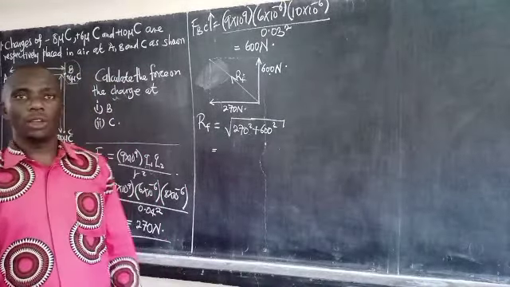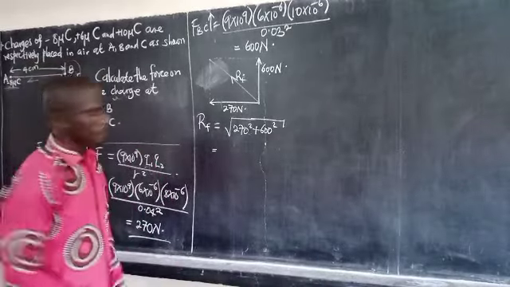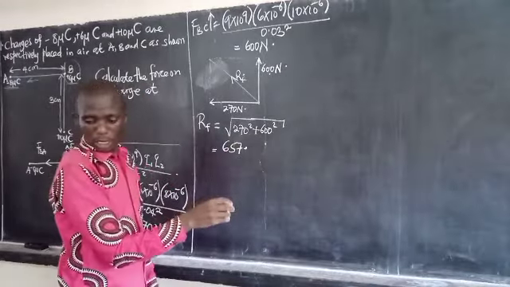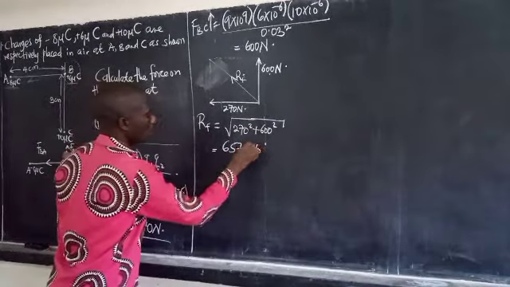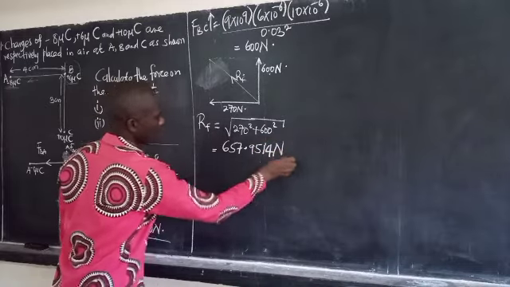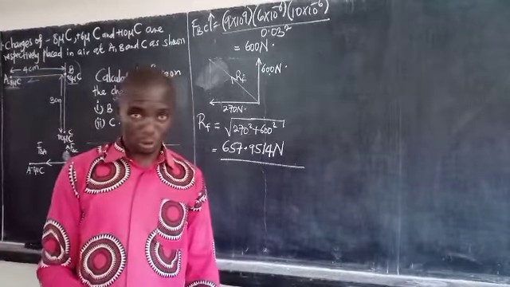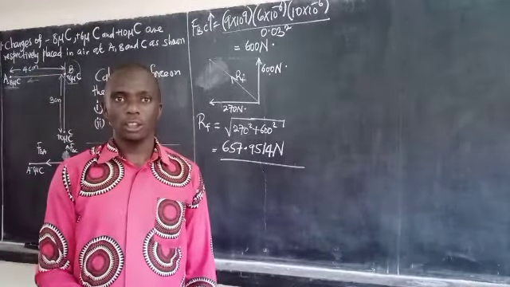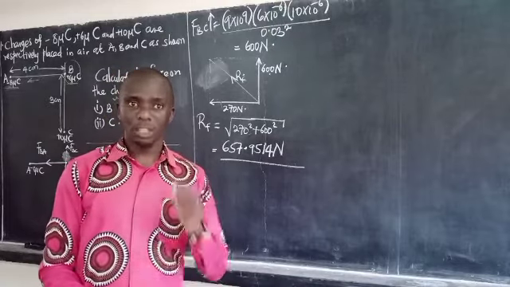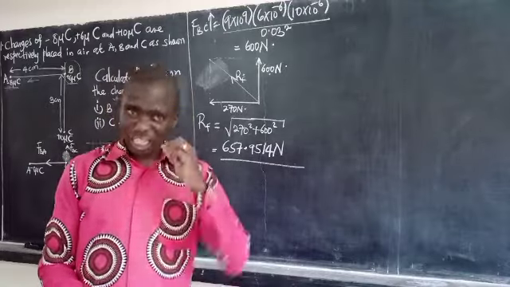And when done very well on our calculator, we get 657.9514. Remember, this is the force, and the SI unit of the force is Newton. One other most important thing is that you have to remember that force is a vector quantity. Therefore, it must always be given in terms of its magnitude and its direction.